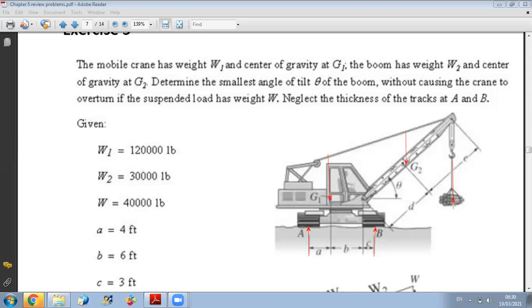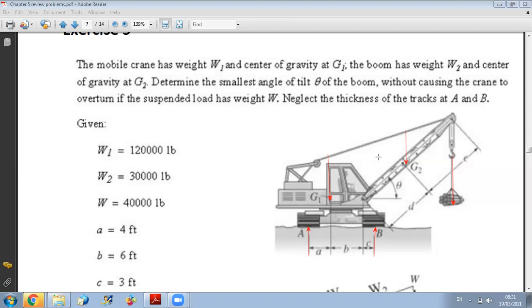So as we said, in general, we might have a very high load here. If the load is high, here they gave us all weights. The parameter now is theta. So if we increase the tilt angle, we want to find what should be the smallest angle to avoid overtipping.